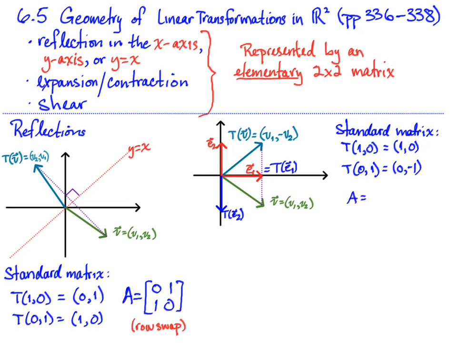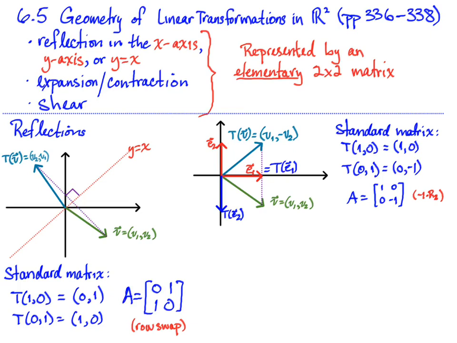So then the standard matrix for that linear transformation is the matrix we get by lining up those two images, 1, 0 and 0, negative 1, as the columns. And once again, we can tell by looking at it, it's an elementary matrix. That is just the 2 by 2 identity matrix with the second row multiplied by negative 1.